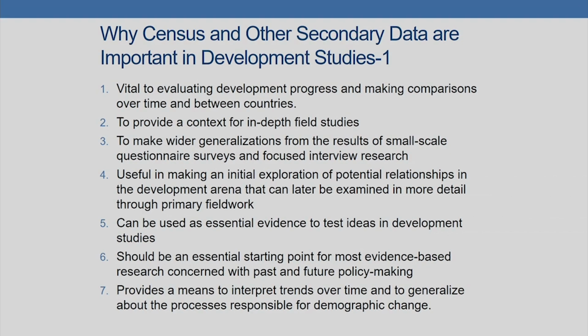We know that census data gives information on worker population and non-worker population, similarly main worker population and marginal worker population, and these estimates can be drawn from the census over a period of time and then compared, which will give us a general idea of how things are, how things have been, and that can give us a motivation to carry out further research for a more contemporary period that we are attempting. So, it can be used as essential evidence to test ideas in development studies.